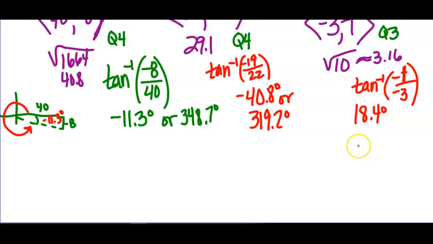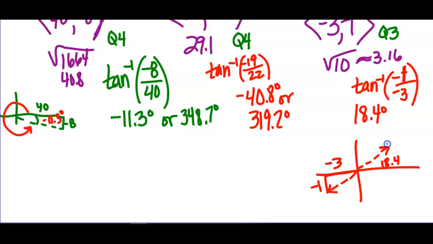So what is happening is we went left 3 and down 1, and we're over here. The calculator thinks we're on the opposite end of that. So what do we need to do to 18.4 degrees to make it go all the way around here? Well, instead of going up 18.4 here, we went down 18.4 here, which is past what?